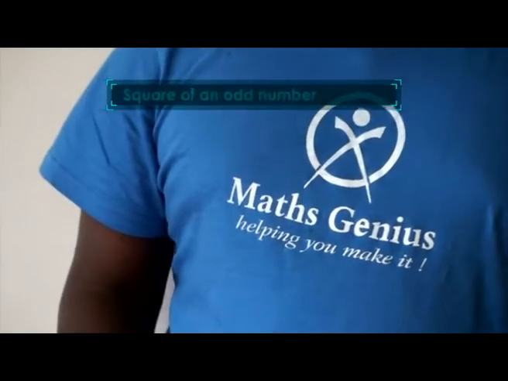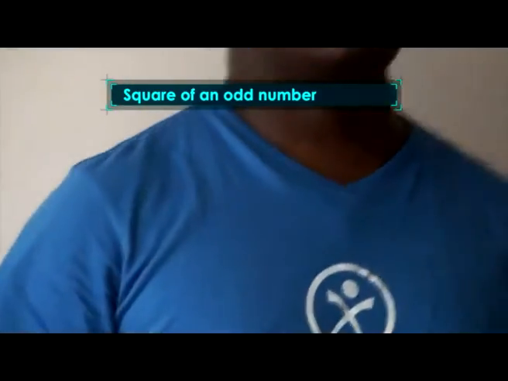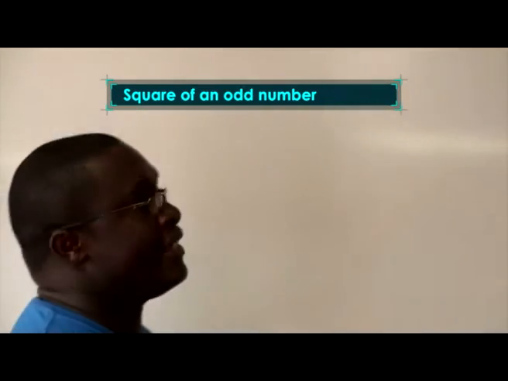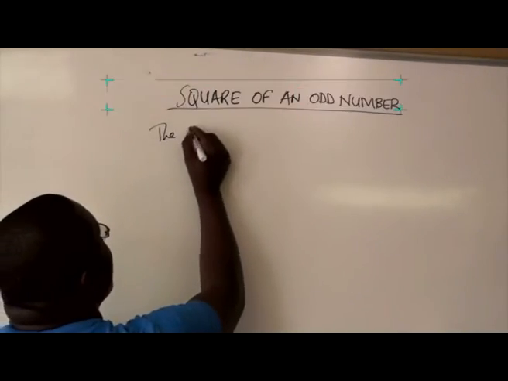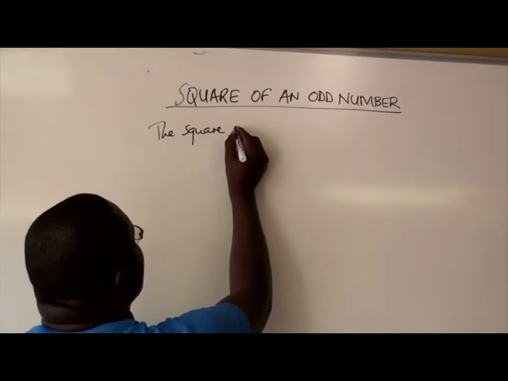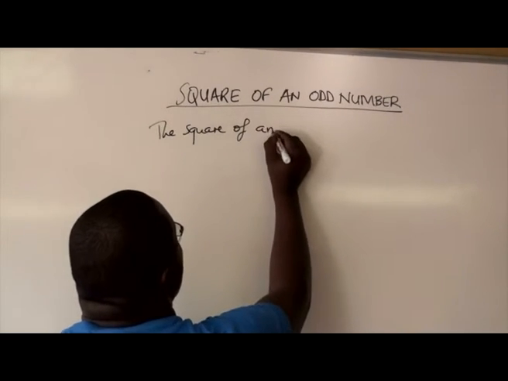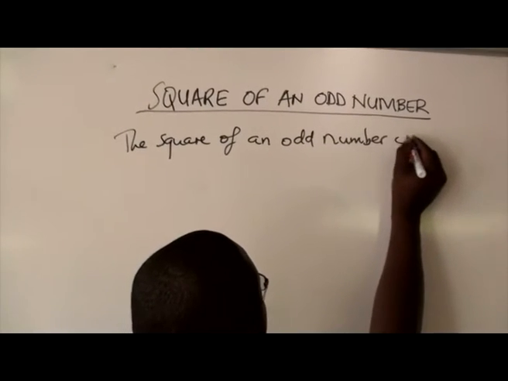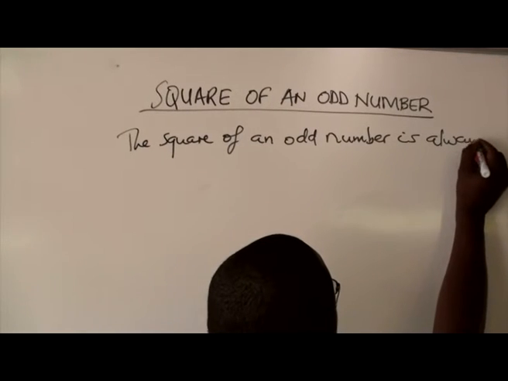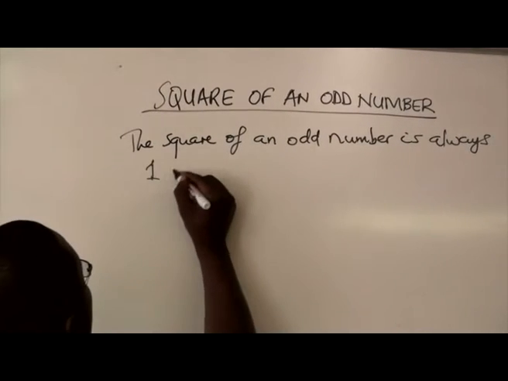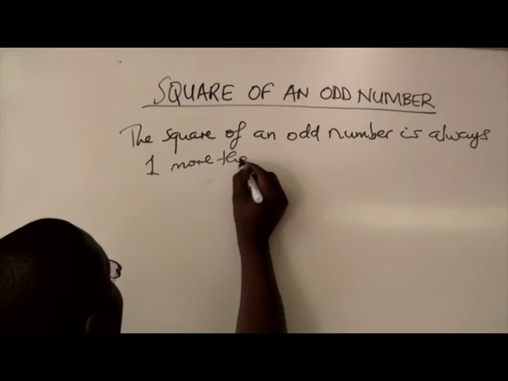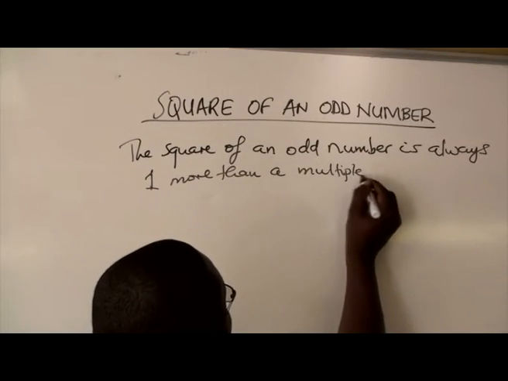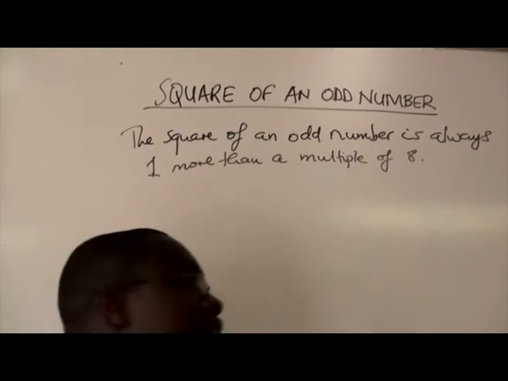Today we're going to be looking at a special characteristic of the square of an odd number. The characteristic states that the square of an odd number is always one more than a multiple of 8.